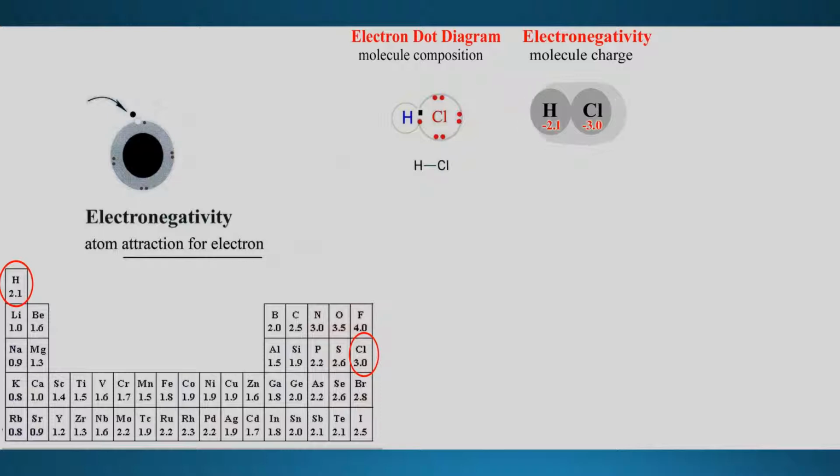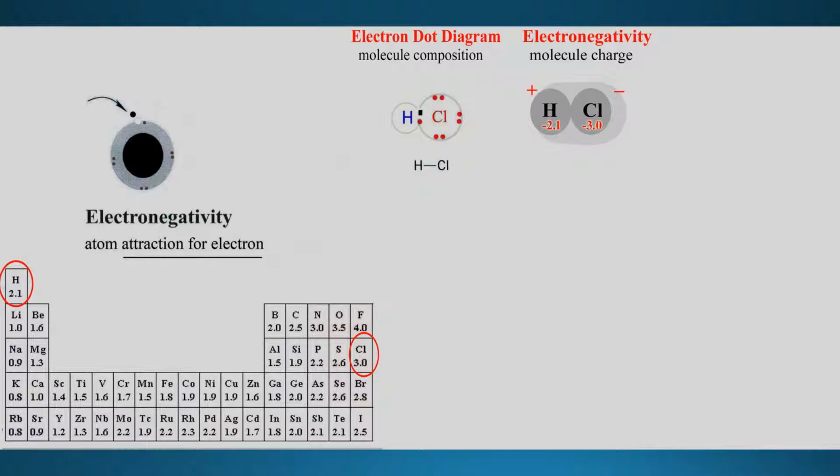Cl has a stronger electron attraction than hydrogen. H becomes positive because it has less electron, and Cl becomes more negative. Electron is negative, so you have more negative.